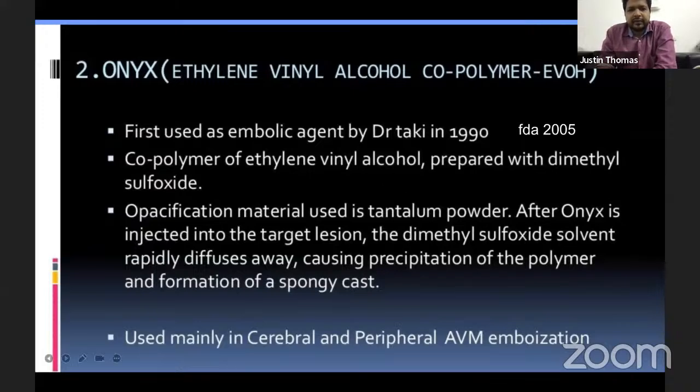So it also uses tantalum powder for opacification. And the mechanism of action is that if Onyx is injected into a target lesion, the DMSO solvent rapidly diffuses away. This causes precipitation of the Onyx, and this forms the Onyx cast.